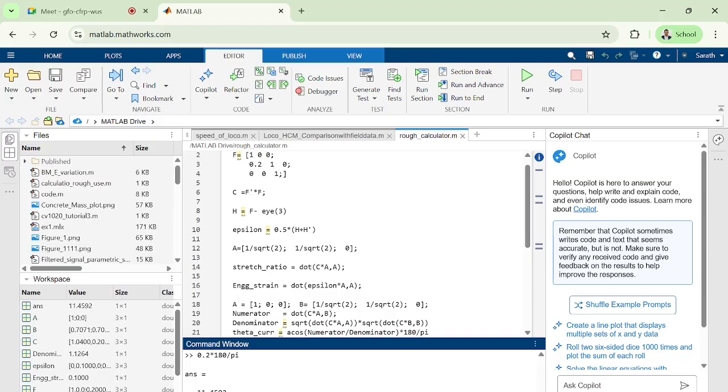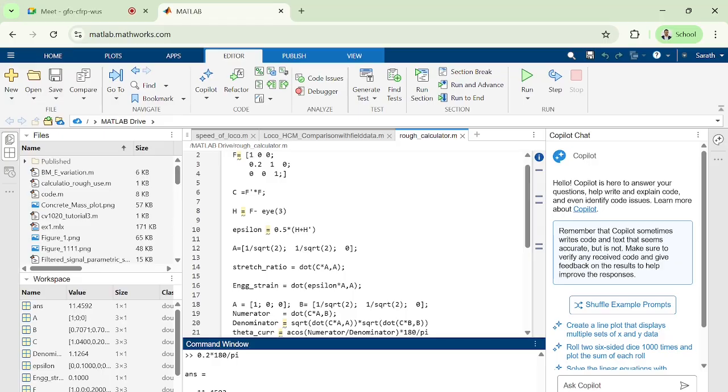Fine. Next question, same question, but we need to find it along two different vectors. The vectors are given by Ex and Ex plus Ey by root 2.